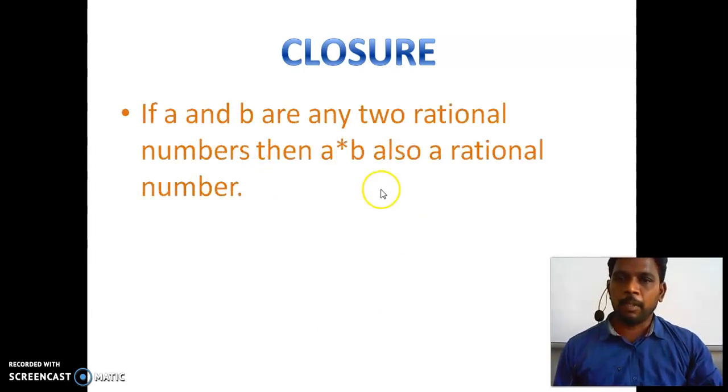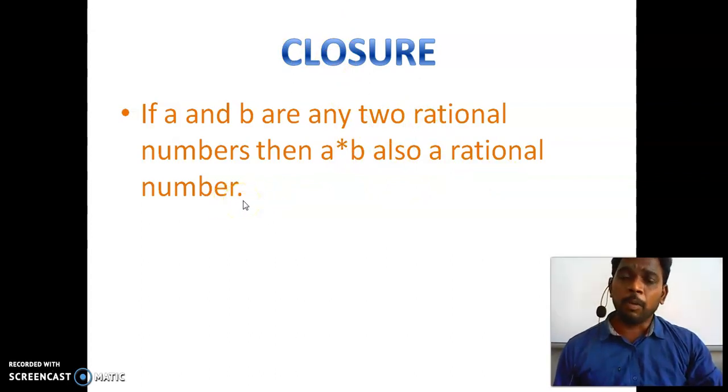The definition is nothing but if A and B are any two rational numbers, because we are going to verify the closure property on rational numbers only, not on integers, not on whole numbers, and not on natural numbers. We are going to verify on rational numbers only. So let me take two numbers, A and B, both rational numbers. Then A star B is also a rational number.